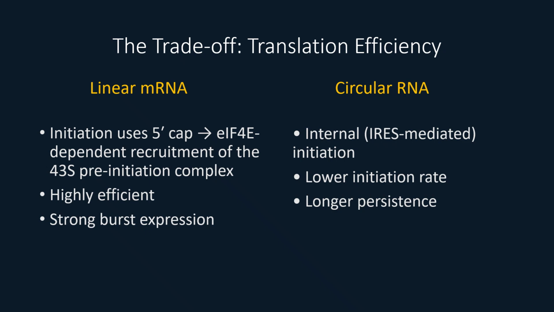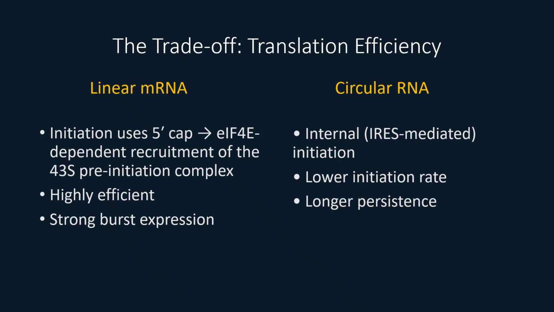So the cap recruits proteins like eIF4, which assembles the initiation machinery and brings in the pre-initiation complex. So this is highly efficient. It's why linear mRNA produces a strong burst of expression after delivery.